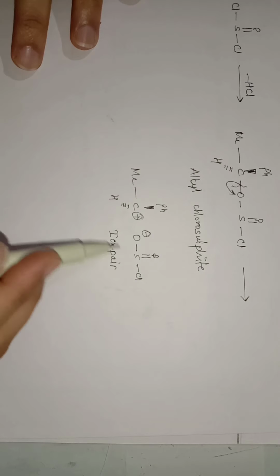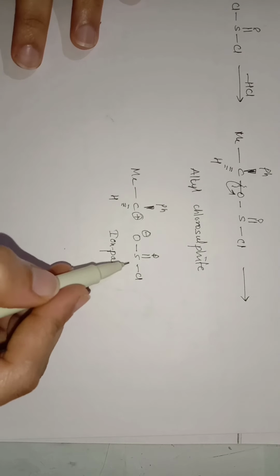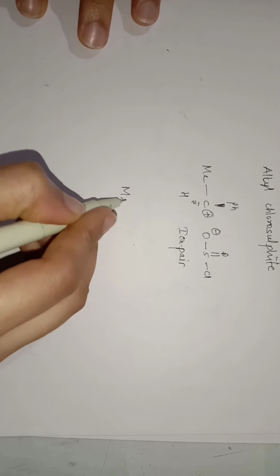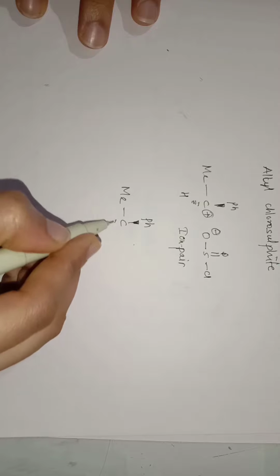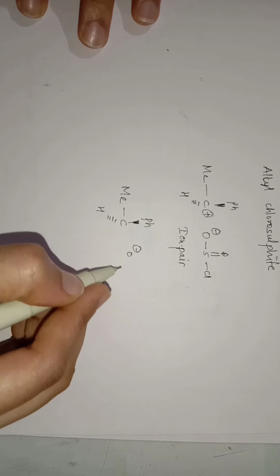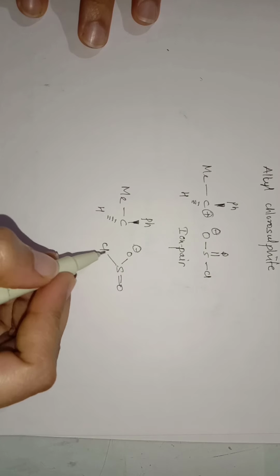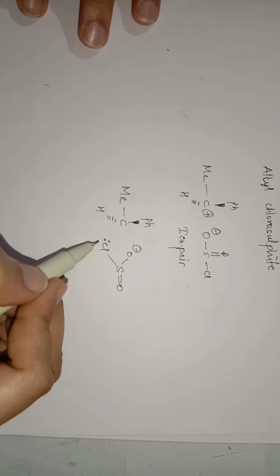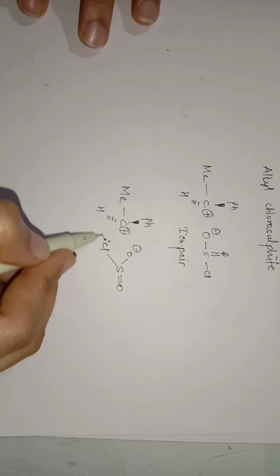In this ion pair, we can write the structure in a different manner. Suppose I write it like this: methyl, C, phenyl, and hydrogen. We have this oxygen containing a negative charge, sulfur, and chlorine. Now this chlorine has a lone pair of electrons, and this lone pair may act as a nucleophile on this carbocation.